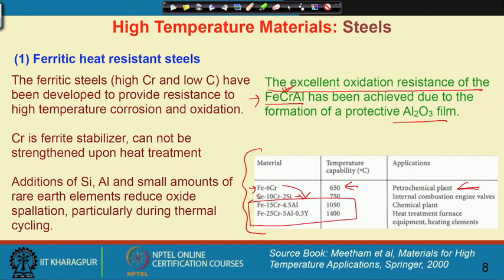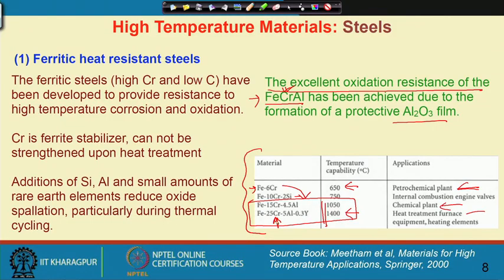They have been derived from those basic grade steels which are used for heat treatment furnace equipment, or some of the chemical plants or petrochemical plants today, which can survive at a very high temperature around 1000 degree centigrade, or even 1400 degree centigrade, because steel is cheaper and we only need some heavy alloy addition.